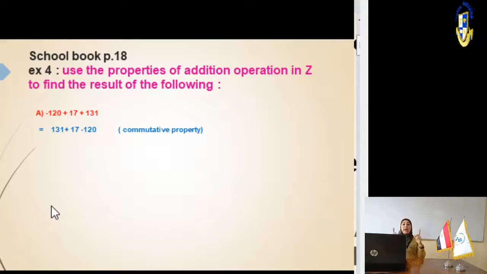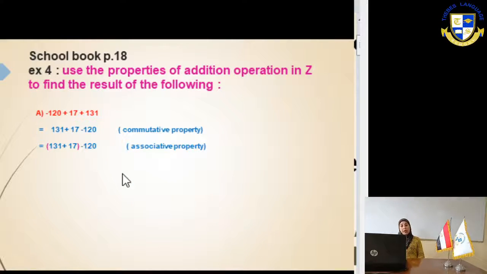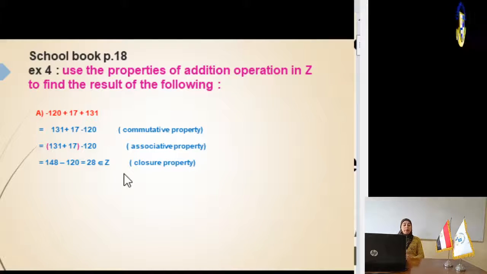Now I'll make a group from the first two numbers, the group of 131 plus 17, minus 120. This property is called the associative property. The answer from the first group will be 148 minus 120 equals 28. 28, of course, belongs to the integers, so the last property is the closure property.